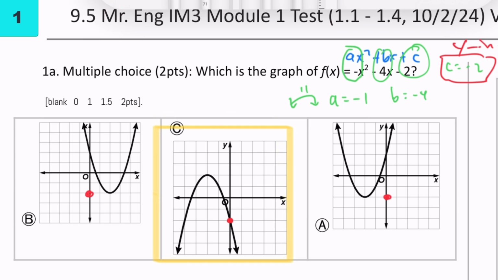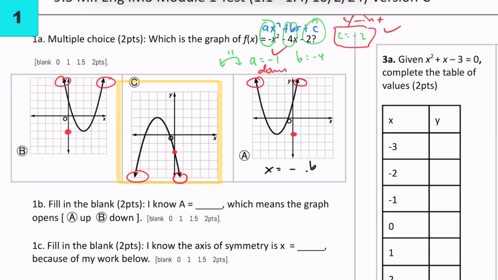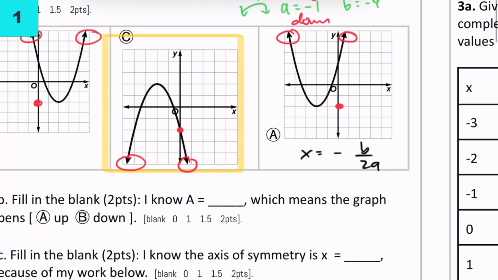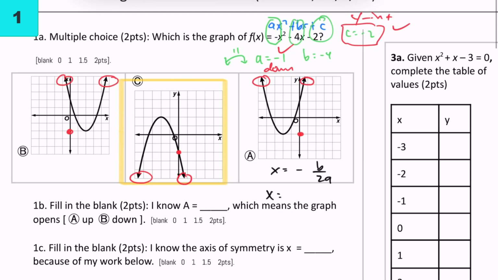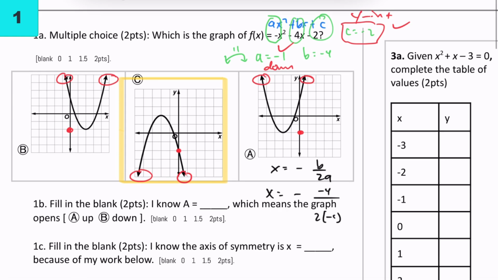You also know that because this is the only one that is opening down. These are up, and this is the only one that's down. And then on top of that, you could have done the vertex. Let's see what the vertex would have told you. B value is -4, A value is -1.